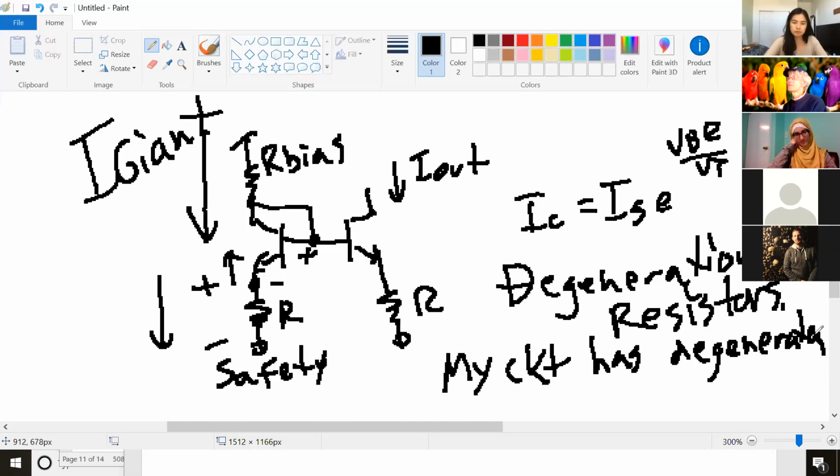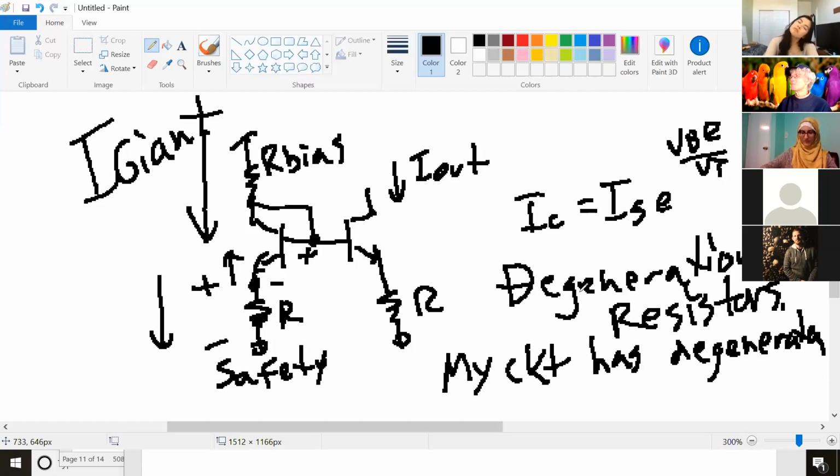It just happens that for the same reason it protects your circuit, it also kills gain. But we'll talk about that later when we get to the amplifier part of this. With circuits, one of the challenges is that you never get anything for free. So something that does good in one place is probably making something else harder.